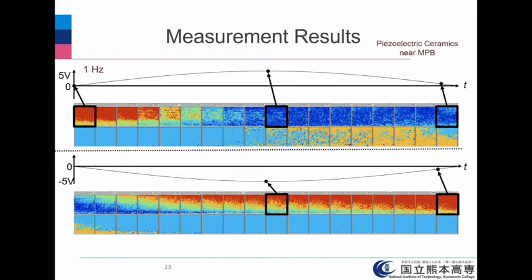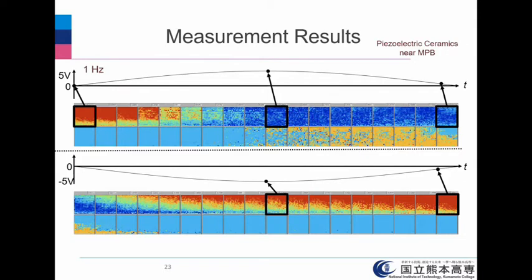Here is one measured result. The sample is piezoelectric ceramics near MPB. We applied an electric voltage like that. The frequency is 1 Hz. In each time, we measure the amplitude signal and the phase signal of SNDM.